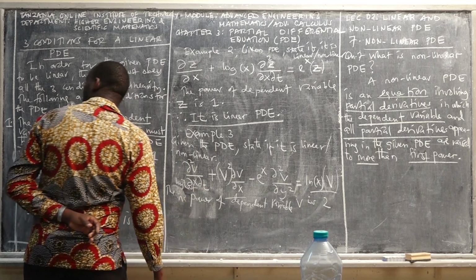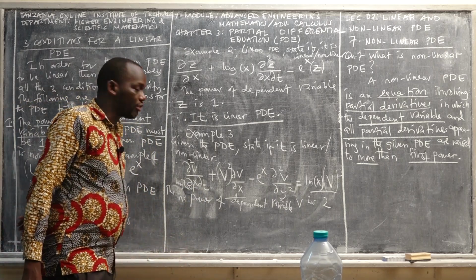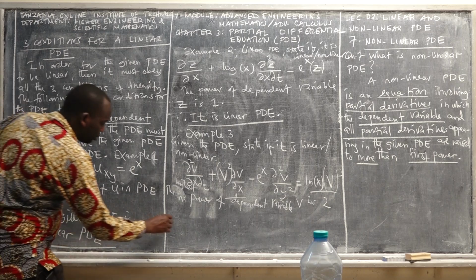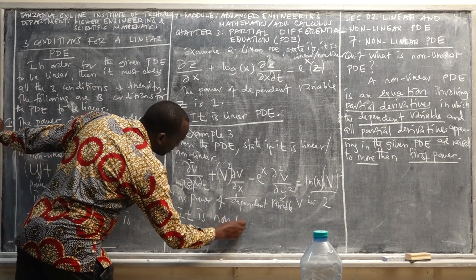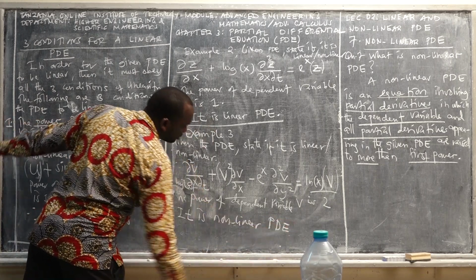Remember that from the condition: the power of any dependent variable present in the given differential equation must be 1. Otherwise, the given partial differential equation is nonlinear. So is that a linear partial differential equation or nonlinear? Nonlinear. So we say that it is a non-linear partial differential equation.